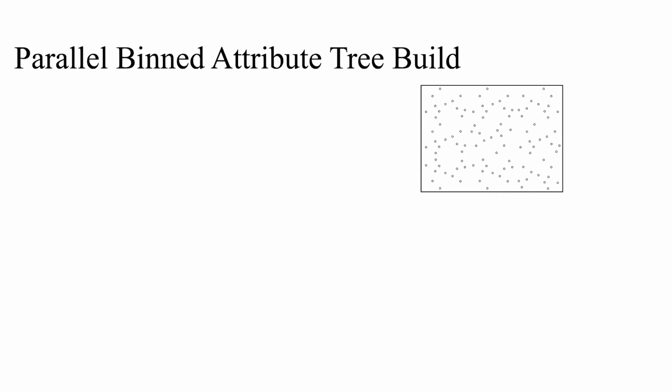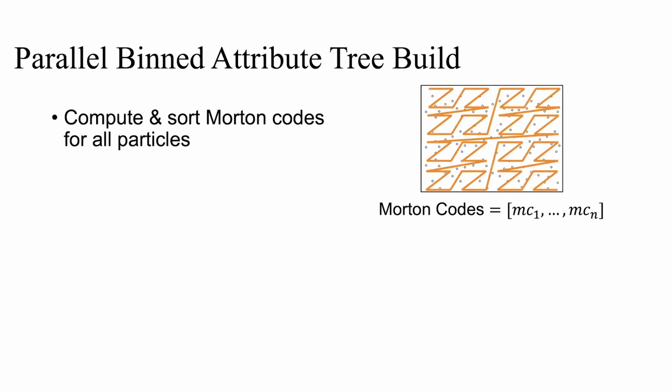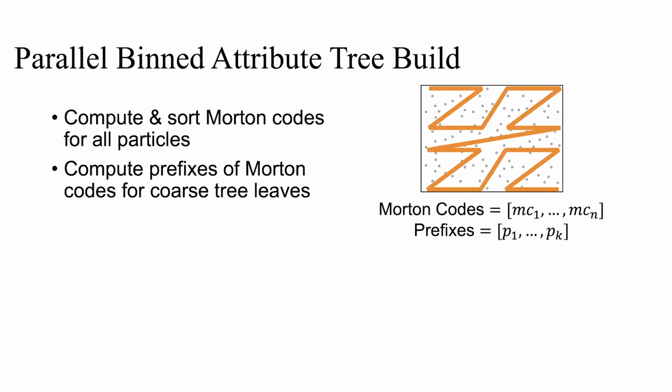So given the set of local particles, the aggregator computes the Morton codes for these particles and sorts them by their code. The unique subprefixes of these codes, say 12-bit subprefixes, give a coarser Morton curve, which is used to build the coarse tree. So all particles with the same prefix will fall into the same leaf of this coarse tree.